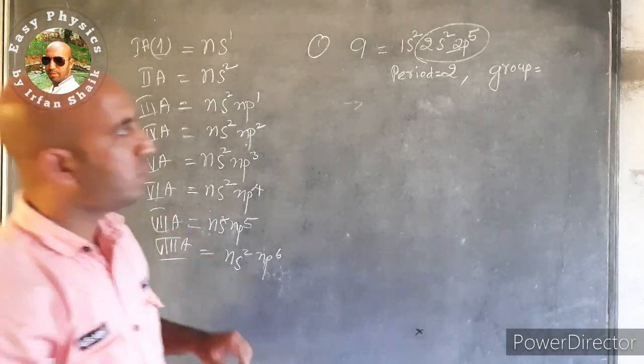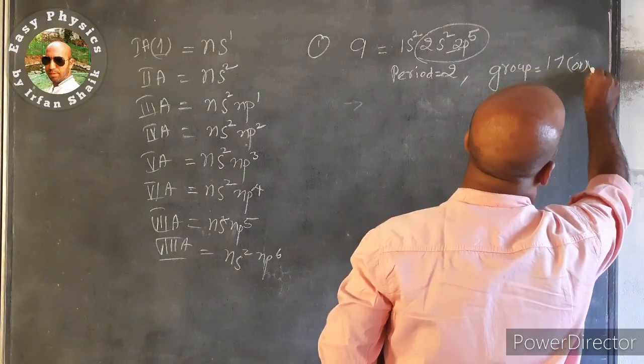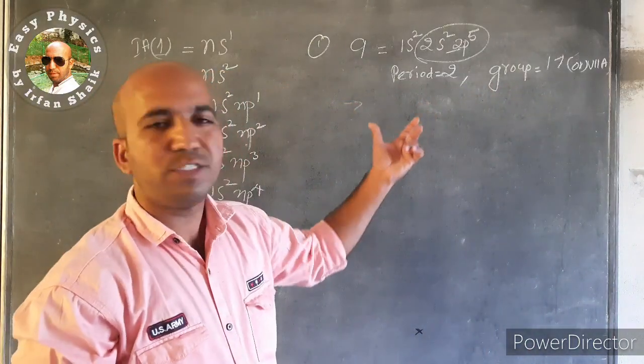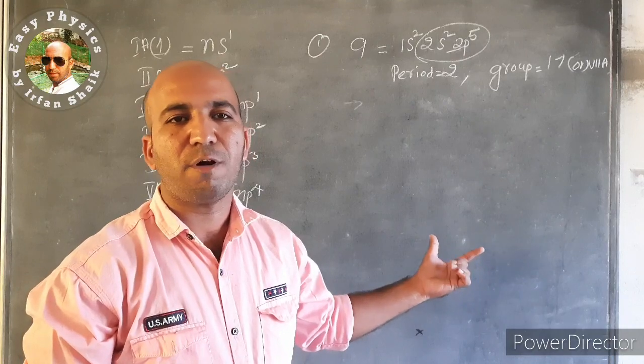So the group number is 17, or 7A group. Like that, we can easily find out the group number and the period number of any element.